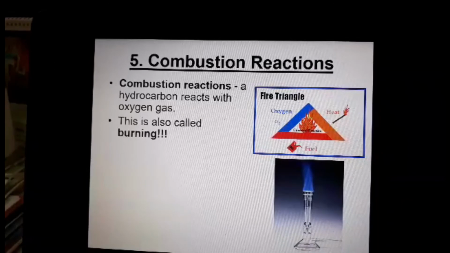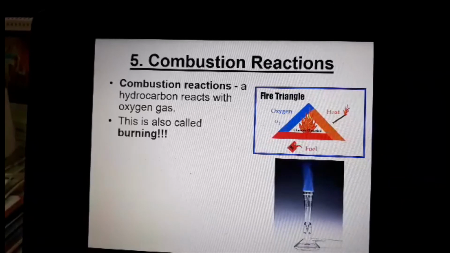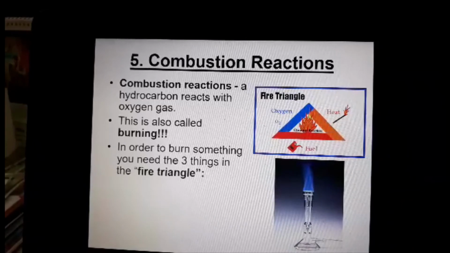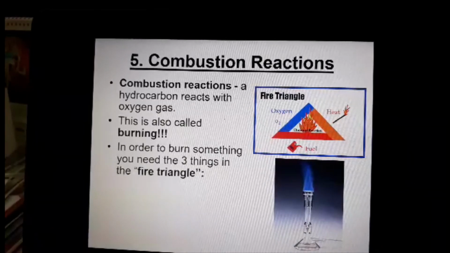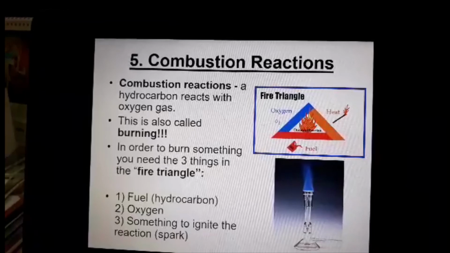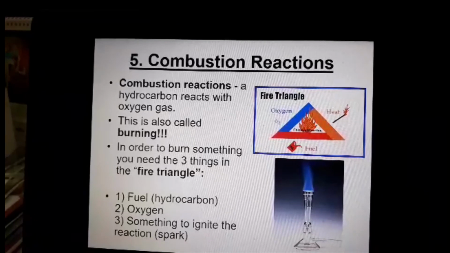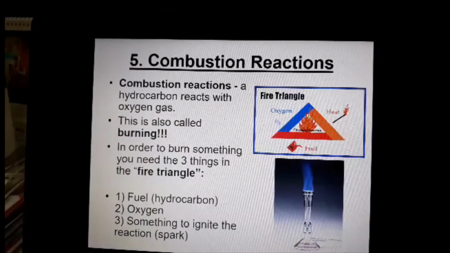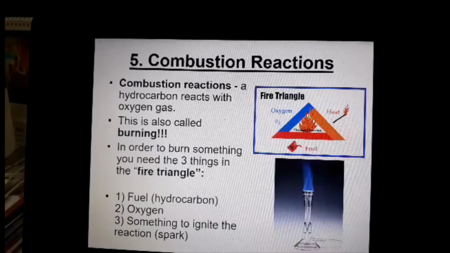This is also called burning. In order to burn something, you need the three things in the fire triangle. There is the fuel, which is the hydrocarbons, like methane, ethane, propane, butane, and so on. We have also the oxygen. There is also something to ignite the reaction, and that is the heat.